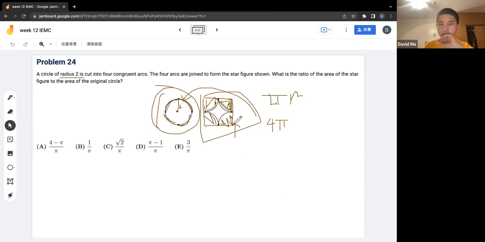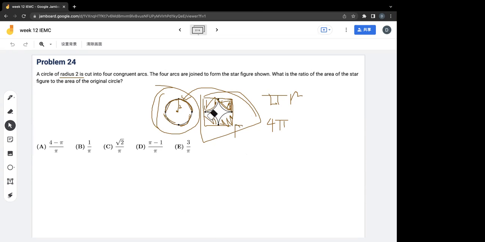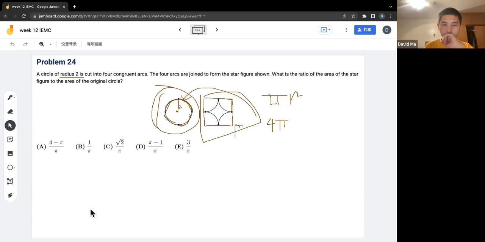Joyce, can you help me calculate the area of this star? Okay. So keep in mind this is a square, right? And this part, the radius, which is this part, is 2. So from here to here, it's a 2.